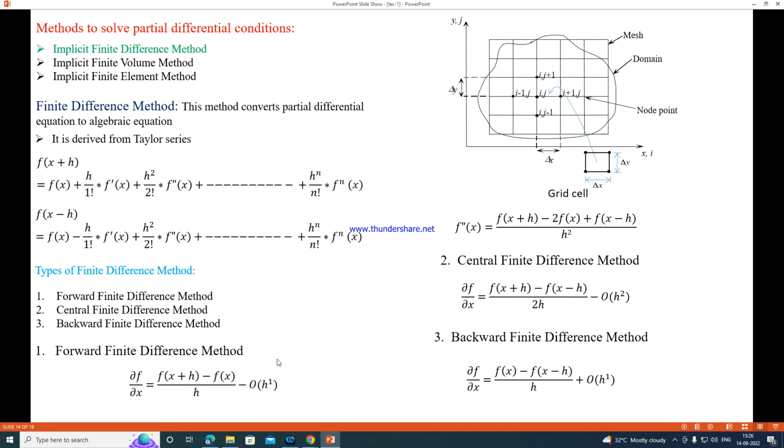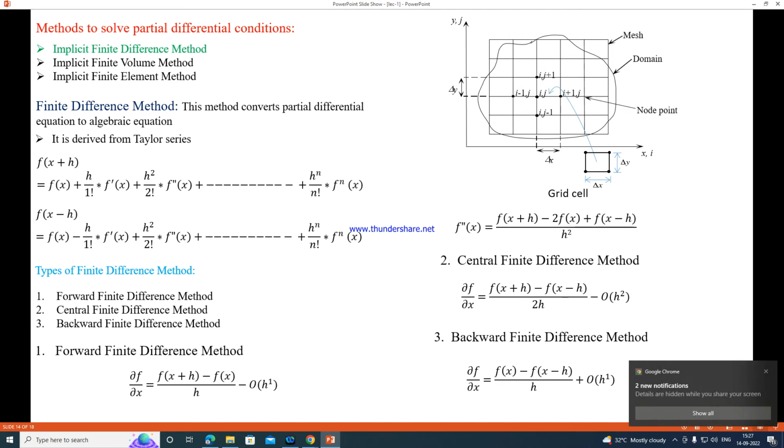But in the central difference method, the order of the error is square. Suppose 0.3 is your error when you are doing the calculation between the true value and your simulated value.